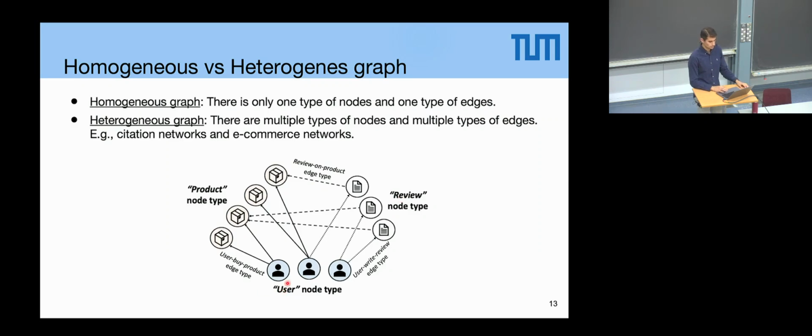For instance, for the user, we can have the location, the city where they live, and the age, and for the product, we can have the price or the number of stars it has. So we have different kinds of attributes, so we need different kinds of nodes. And the same happens with the edges. We can have an edge for the user-product and another kind of edge for the user-reviewer and so on.